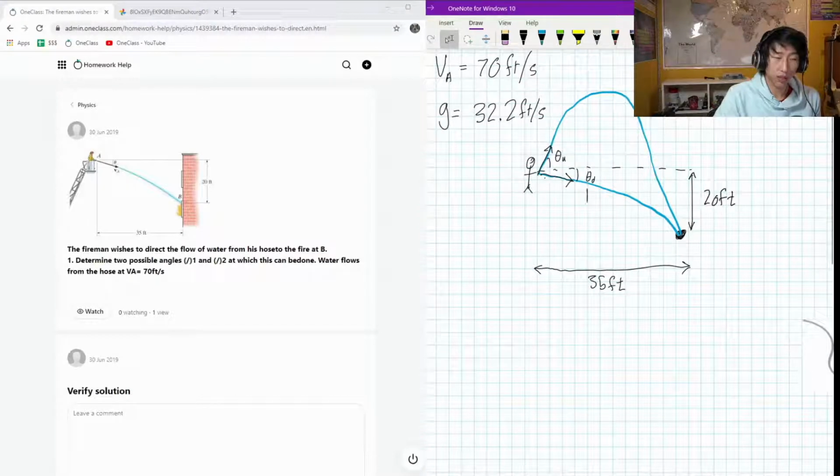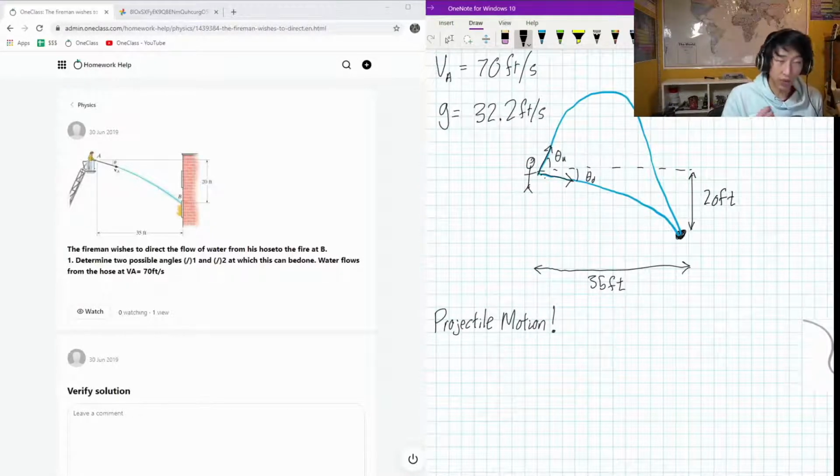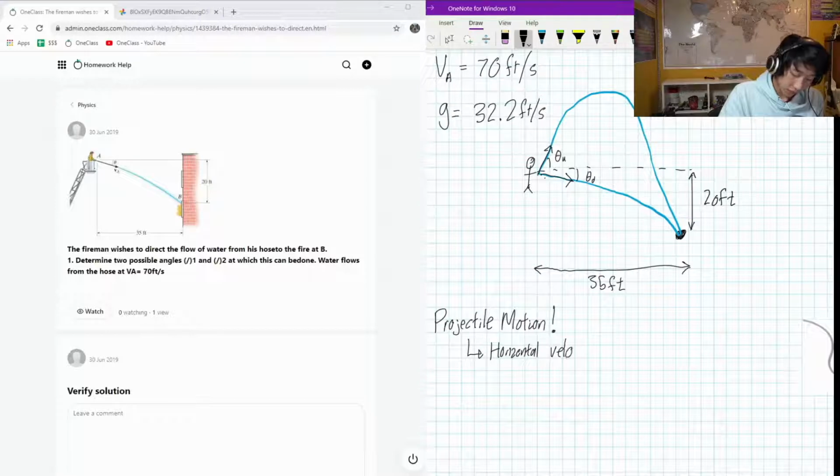This stream of water is going to follow a projectile motion type of situation. So here's the key: projectile. This is what we want to keep in mind. What are some key aspects about projectile motion situations that we need to keep in mind? We know that the horizontal component of velocity is constant.